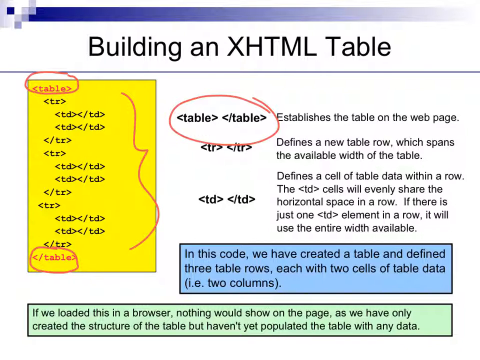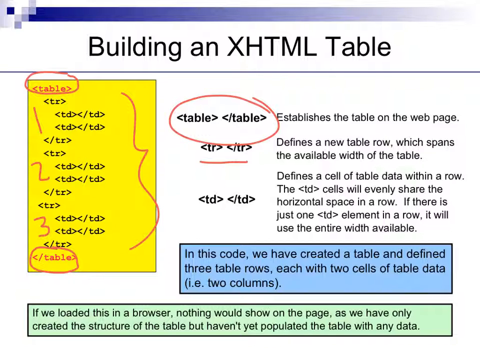Now, let's look first at the TR element. And that tells the browser these are individual rows. Okay? So for instance, this particular table has 1, 2, 3 rows.